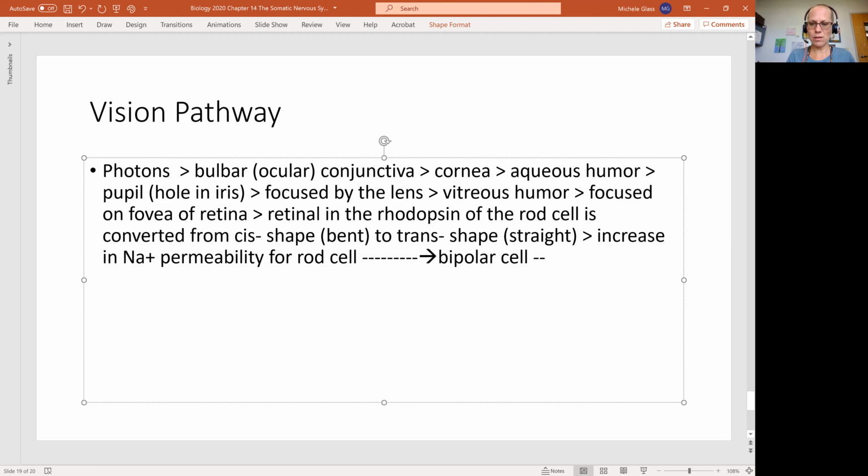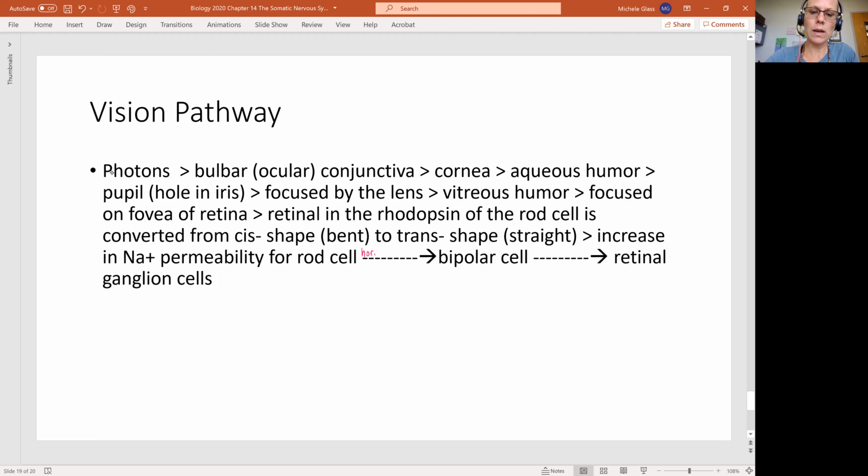And then I'm doing another sort of long line here, because from the bipolar cell, the signal is sent to the retinal ganglion cells. And I did this line between the rod and the bipolar cell so I could remind us of the processing that we get at the retina with the horizontal cells. And then in between the bipolar and the retinal ganglion cells, we have the amacrine cells doing some processing there.